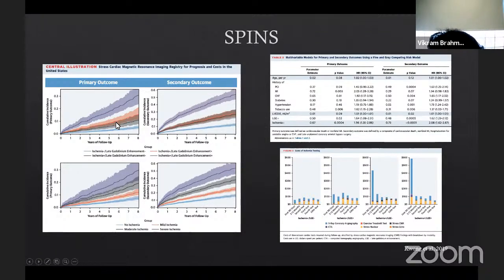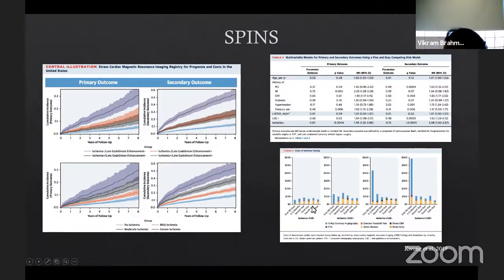So patients who were either ischemia positive, LGE negative, or ischemia negative, LGE positive, they were kind of intermediate risk. And the same goes with no ischemia versus severe ischemia, and then moderate and mild ischemia were not significantly different. So importantly, on multivariate analysis, LGE and ischemia both were independent predictors.